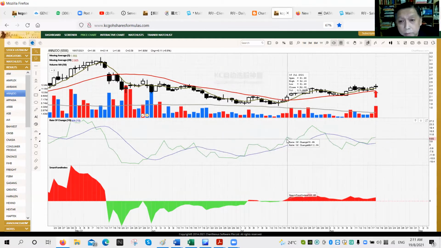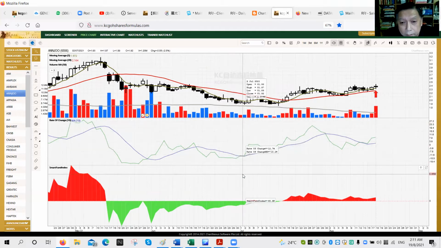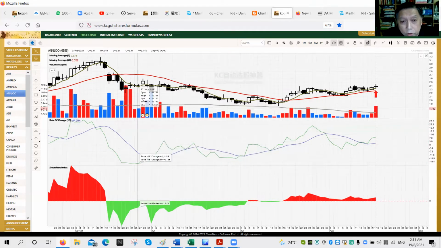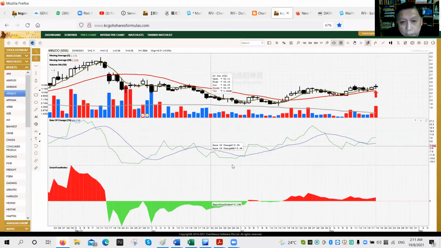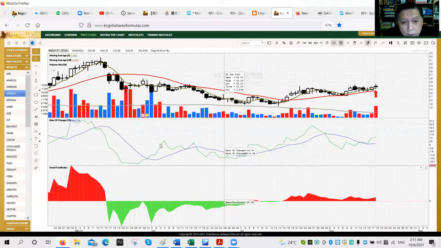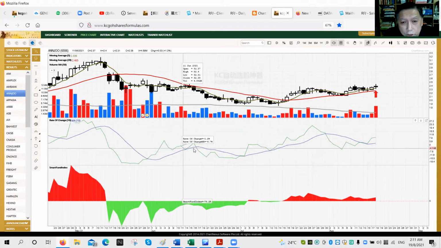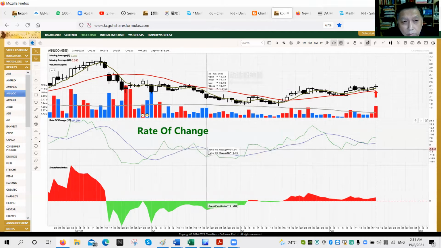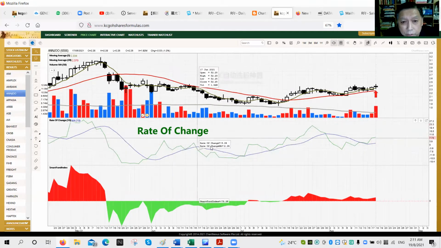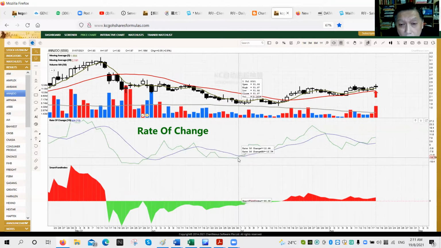Okay, let me just go through this. Say you look at this stock, Anju. The rate of change actually came down. When the price comes down, the rate of change also comes down. And then on June 30th, the rate of change came to a standstill.